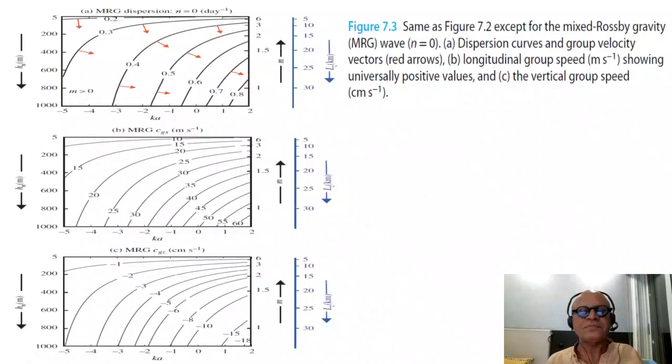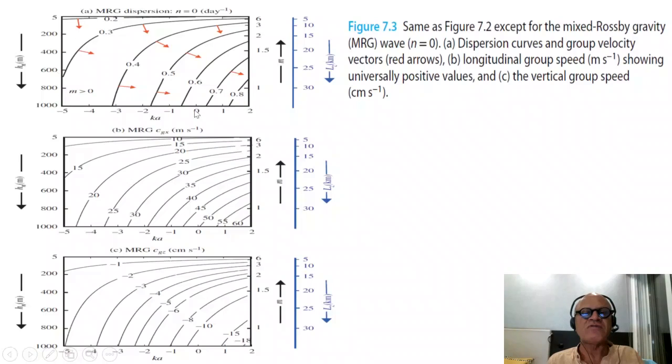Now, looking at the dispersion relation again, you can see we are plotting the longitudinal and vertical group velocity vectors. So you can see the change. Mixed Rossby gravity waves have a group velocity that's always positive, and for positive m, the vertical group velocity is always downward, but obviously changes in magnitude greatly based on the wave number or the equivalent depth.